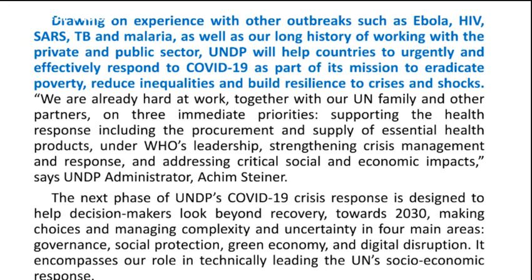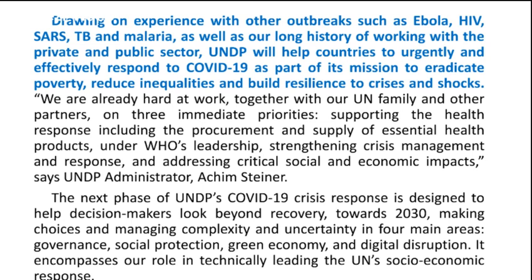UNDP will help countries to urgently and effectively respond to COVID-19 as part of its mission to eradicate poverty. Eradicate means wipe out, reduce inequalities, and build resilience to crises and shocks. Obviously, so this paragraph is going to talk about how UNDP is going to help.